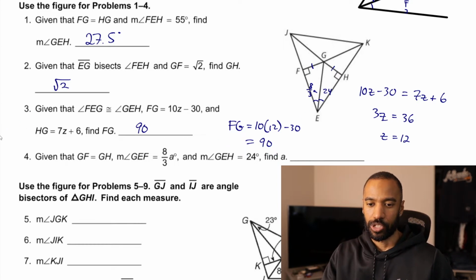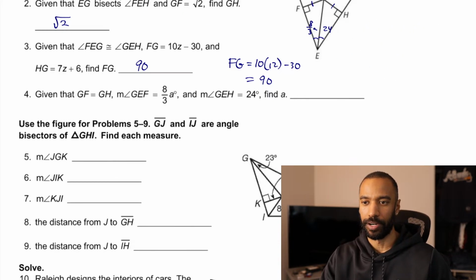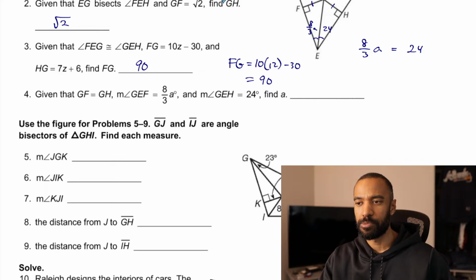Find A. So we can set these equal to each other. We can say that 8/3 A equals 24. And then we can get A by itself by dividing both sides by 8/3. It's better by saying multiplying it by its reciprocal. Multiply both sides by 3/8 like that.